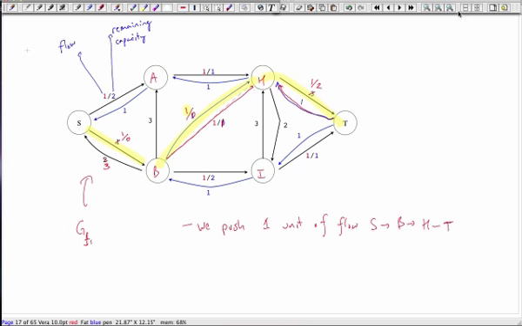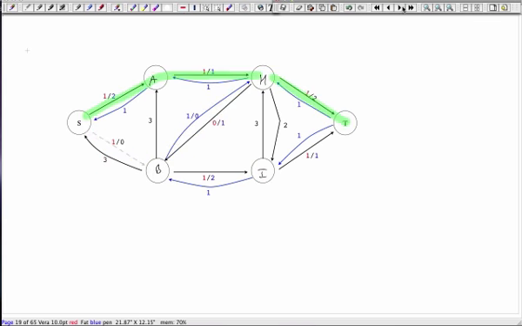Oh, yes, you're right. That's what you meant. I need to add a residual edge like this. And that I'm going to combine with this edge that disappeared. Did that answer it? Yeah, you were right. The edge should be from H to B. Question?